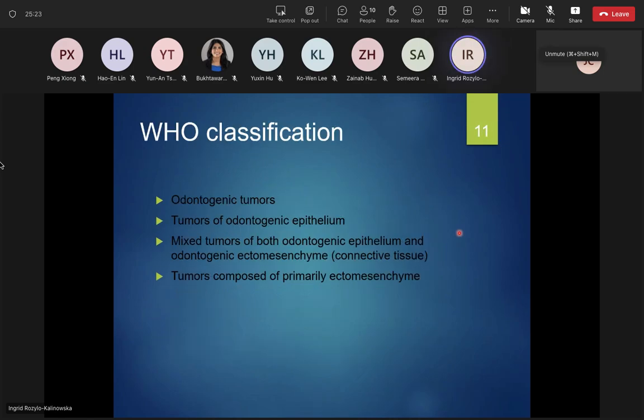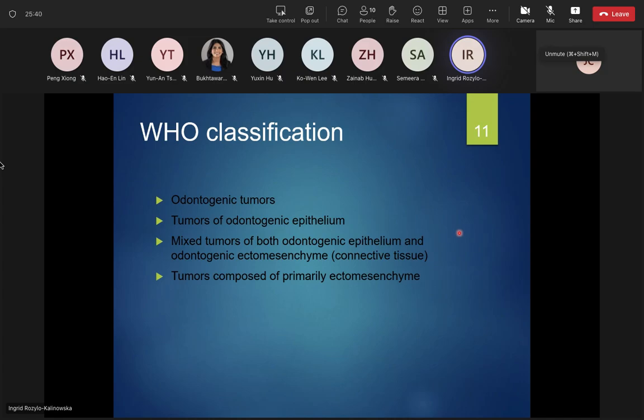Now, we have classifications of tumors, and one of them is the classification of head and neck tumors of the World Health Organization, published in 2017.